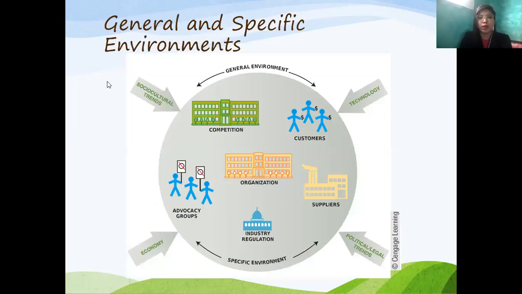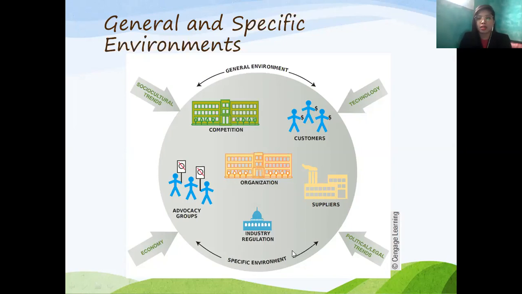Okay, so for the general and specific environment, as you can see in the picture, we have here the general environment outside the organization. So outside the organization, we have the social-cultural trends, the technology, the political and legal trends, and then the economy. And then inside the organization, we have the specific environment.